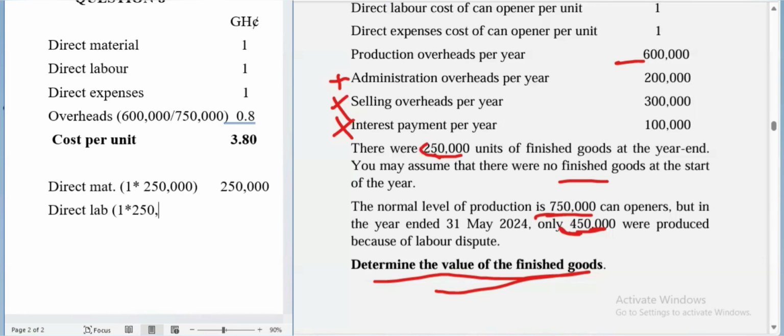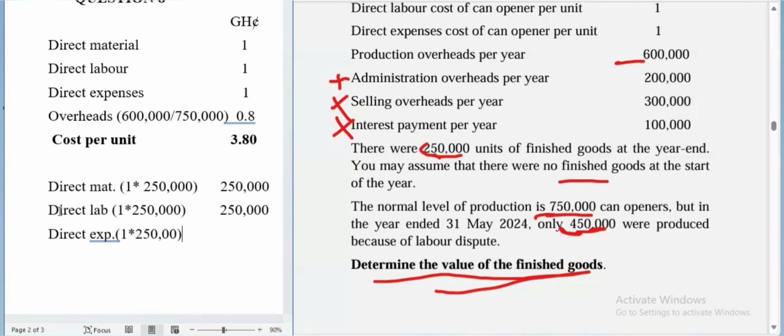We want to get the value of the closing inventory, the 250 units which were not sold. Then direct expenses, also the same, 1 cedi by the number of closing inventory, 250,000.